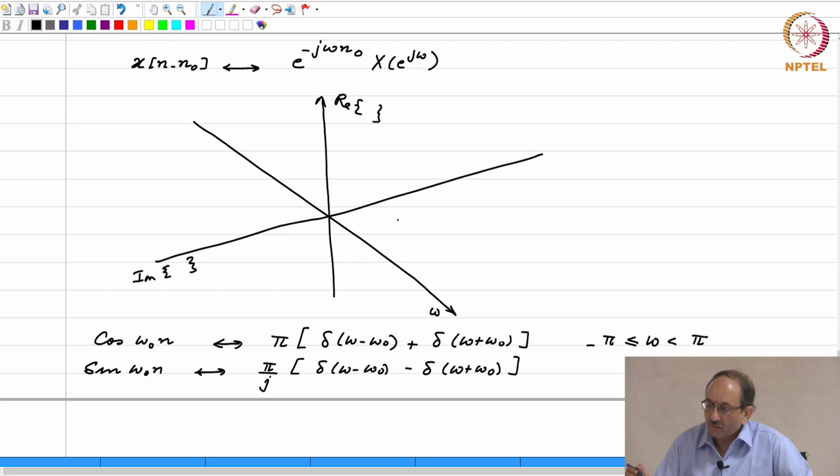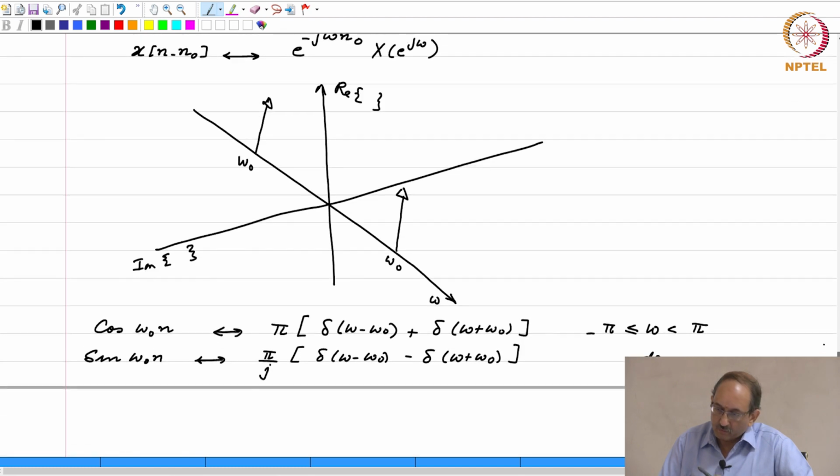Now, for cosine omega naught n, this is the DTFT. So, it has an impulse at omega naught and at minus omega naught. Therefore, at omega naught I have an impulse, at minus omega naught I have an impulse. Now, remember this transform is purely real valued. So, that is why the transform lies completely in the real part plane.